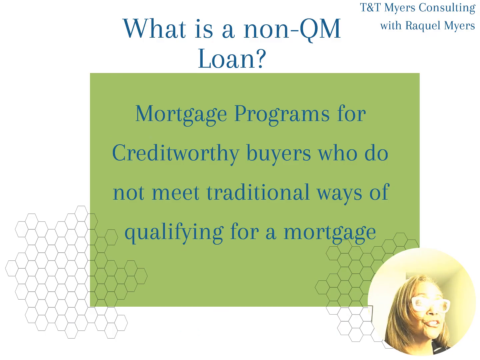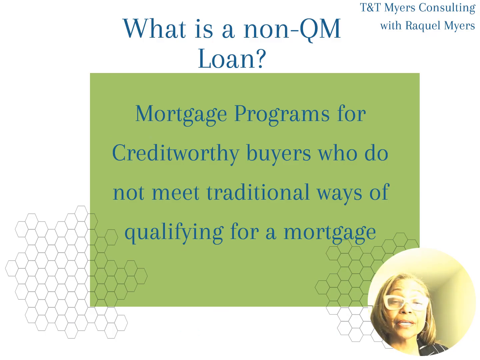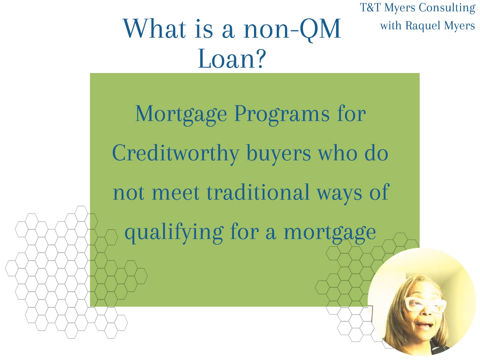What is a non-QM loan? That is a mortgage program or programs for credit-worthy buyers who do not meet traditional ways of qualifying for a mortgage. Most of the time you will find that the buyers that fit in this box are strong credit-worthy buyers who have at least a 680 FICO score. They're strong in assets and they have job stability.